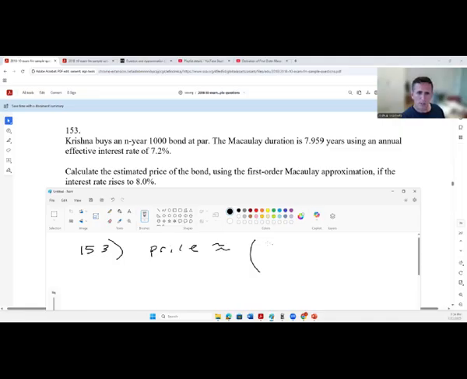So it's 1 plus the original interest rate over 1 plus the new interest rate.